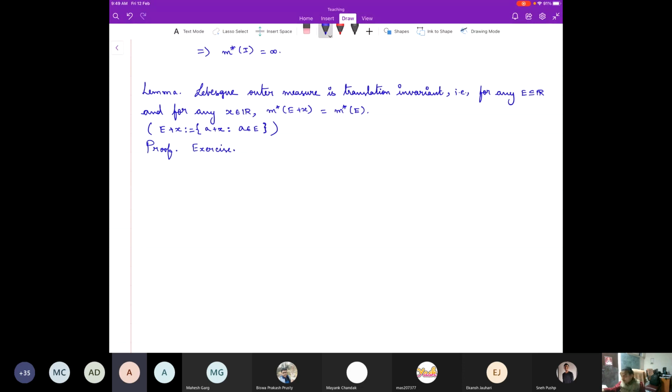Sir, can you repeat this? Sure. Observe that if I is an interval, then so is I plus x. In fact, if I is an open interval, then so is I plus x. Whatever be the property of the interval I, so is I plus x.